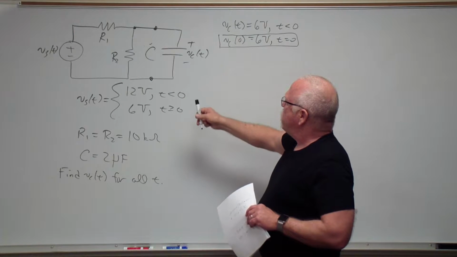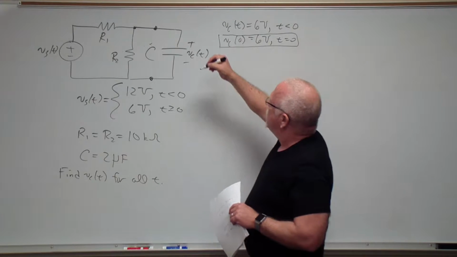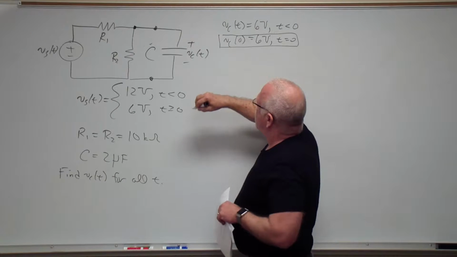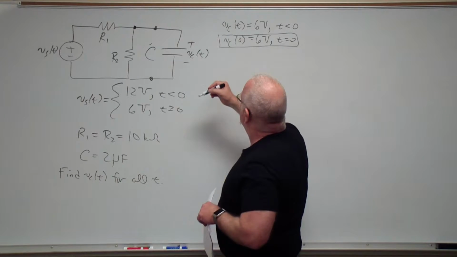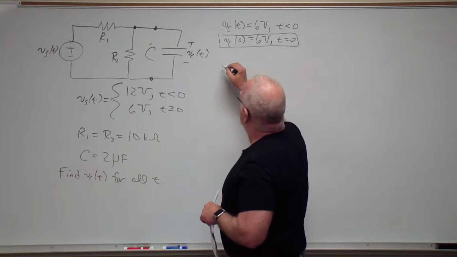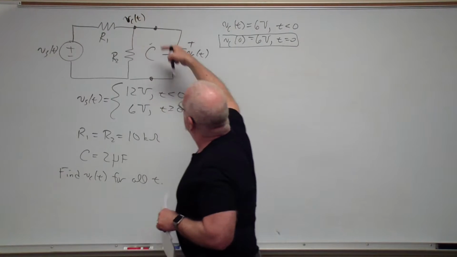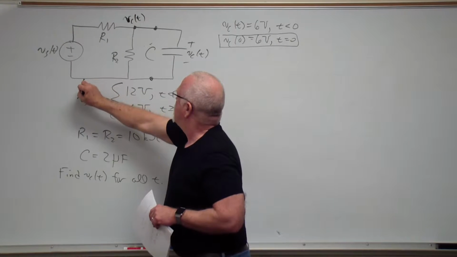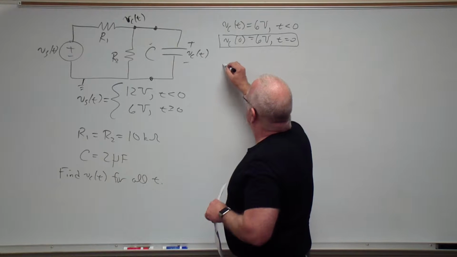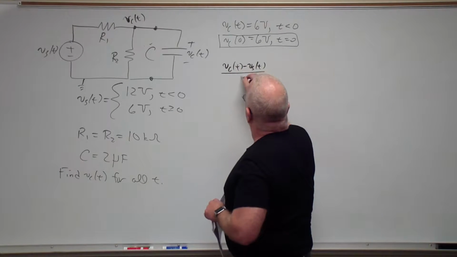We want to find the differential equation, and I like doing the node method. It's consistent. If we start at the node where everything comes together, the node voltage there is Vc of t, the capacitor voltage. The current leaving to the left through R1 is Vc of t minus Vs of t over R1.